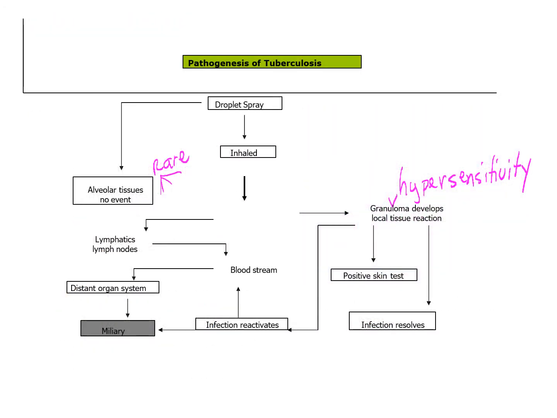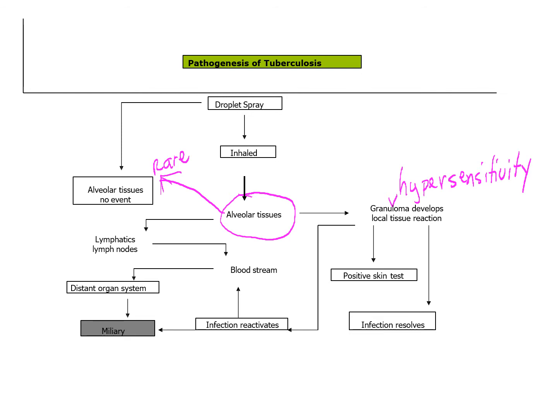Here is a schematic representation of the stages in primary tubercular infection. Once inhaled, Mycobacterium tuberculosis cells are phagocytized by alveolar macrophages. As mentioned previously, there is no subsequent infection on rare occasions.